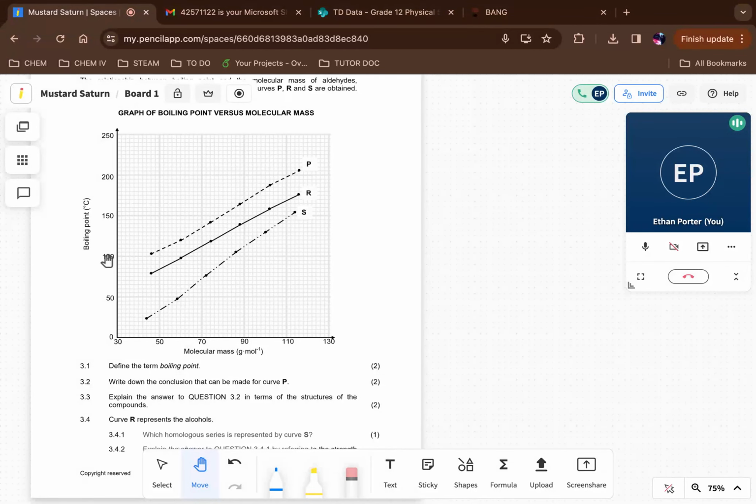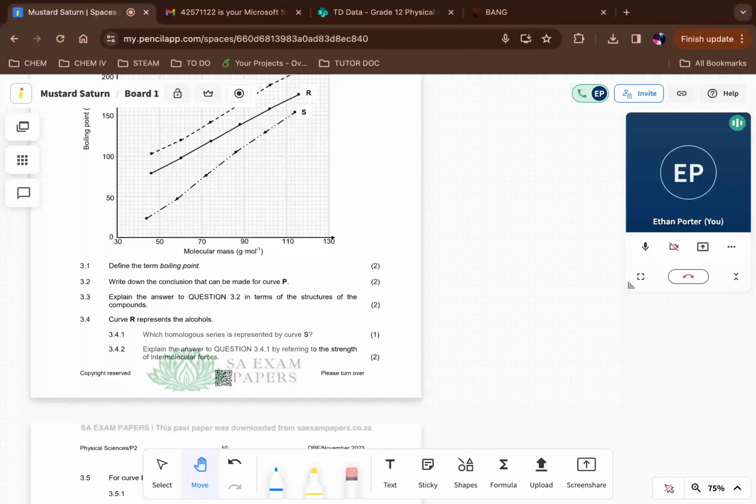So, question 3.3. Explain the answer to question 3.2 in terms of structure of the compounds. So, for this one, the question is basically asking why does the boiling point increase as the compound gets heavier? So, these are all straight chain molecules. So, what we can see is that the molecule is actually getting longer and the boiling point is increasing.